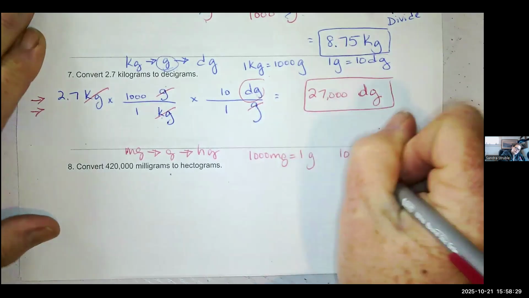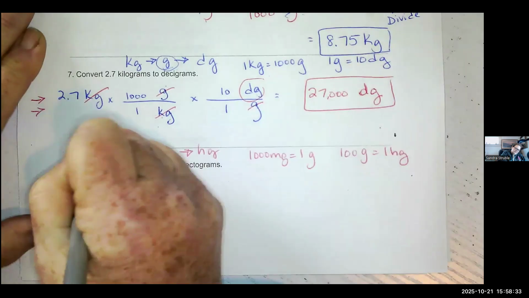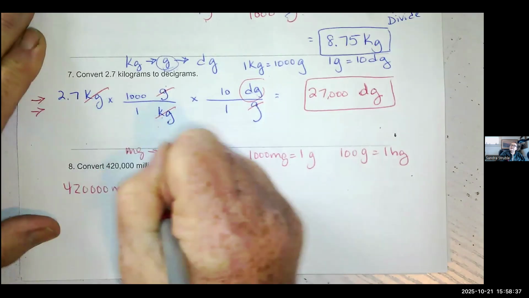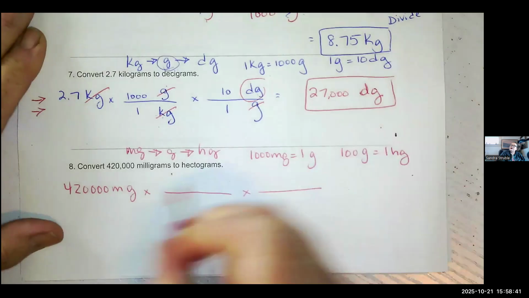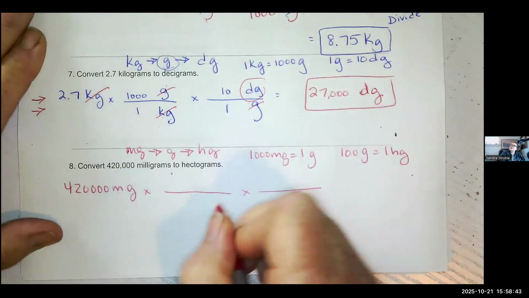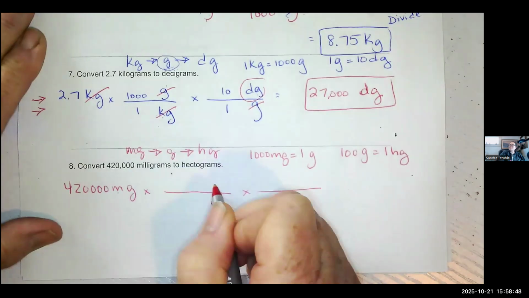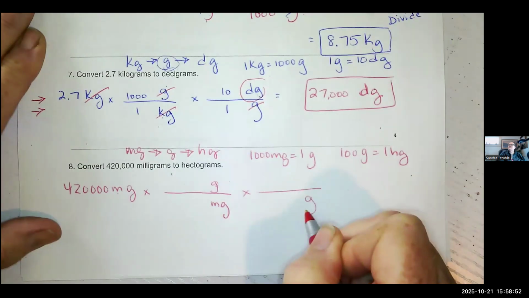Start with what you're given, 420,000. This is milligrams. Set up your 2 conversions. Again, that's the most you should need. Starting unit is in the top, so that means we need starting unit in the bottom, so they'll cross out. Going to our base unit of grams, and then get rid of our base unit of grams, and then go to where we actually want to go, hectograms.